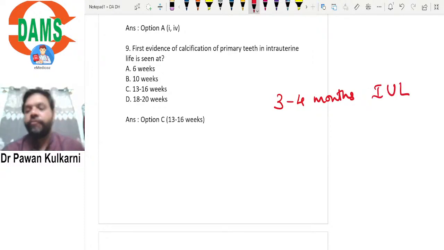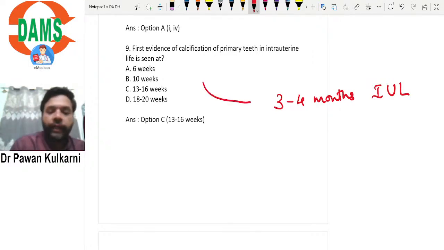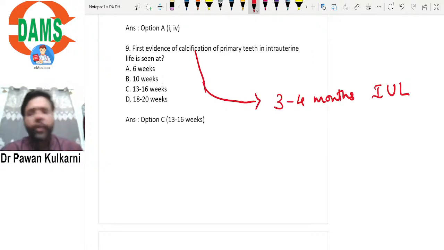So approximately, 3rd to 4th month comes to 13 to 16 weeks. Sometimes they'll ask you in terms of weeks, sometimes in terms of months. So you should remember any one so that you can correlate. So usually 3rd to 4th month of intrauterine life, in the mother's womb, is the first evidence of calcification of primary teeth.